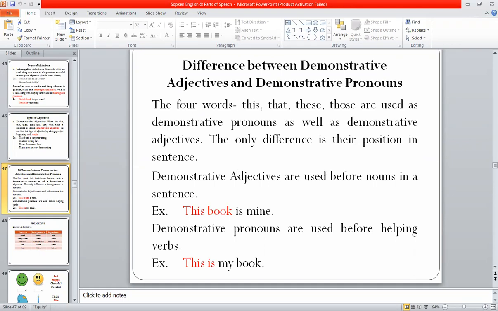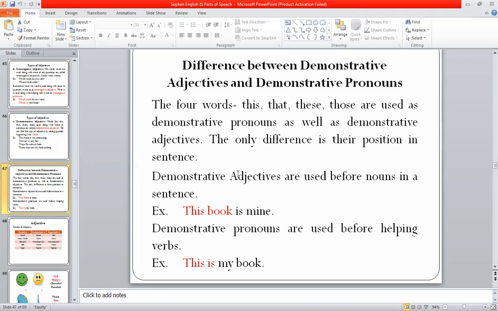Here this came before the noun, and the noun is book. That is why it works as a demonstrative adjective in this sentence.